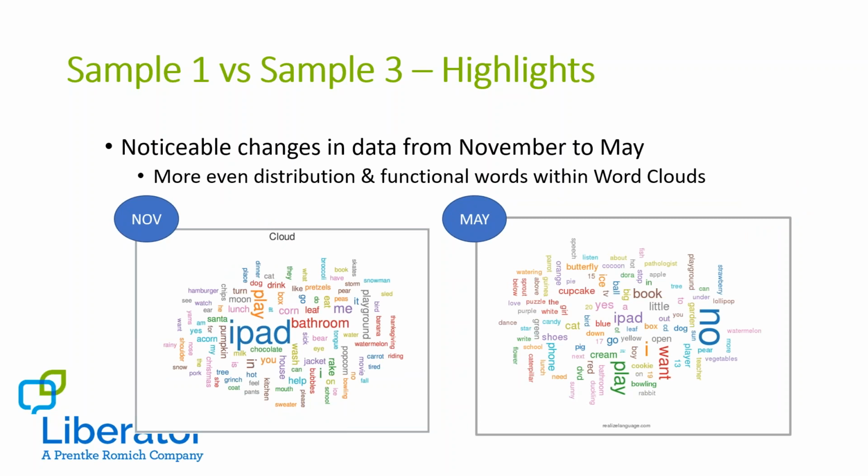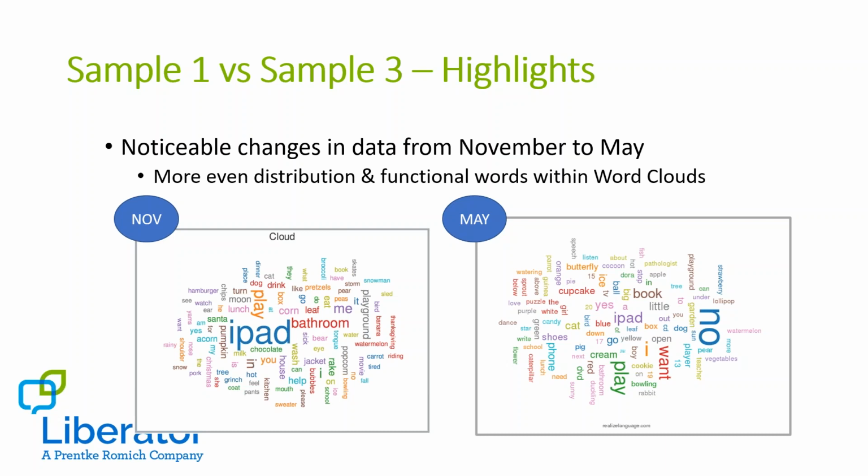This is the word cloud. The thing about word clouds is they can be different day to day. So they're probably not as reliable as some of those other graphs, and it depends on the data set that you're pulling. But one of the really nice things is that there isn't such a standout favourite word in May. iPad has got significantly smaller.